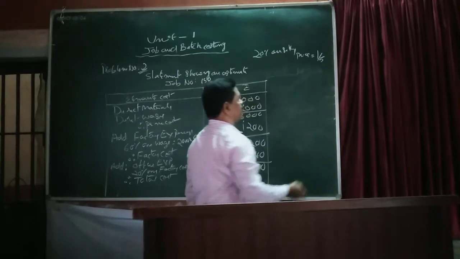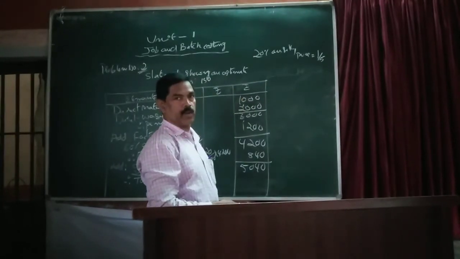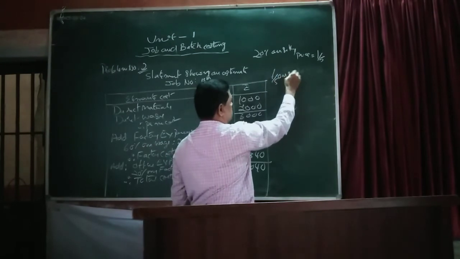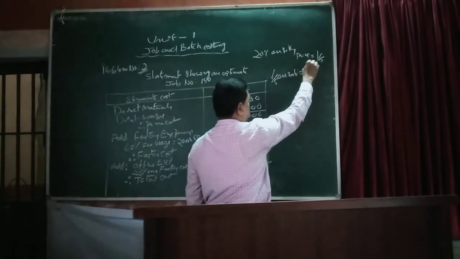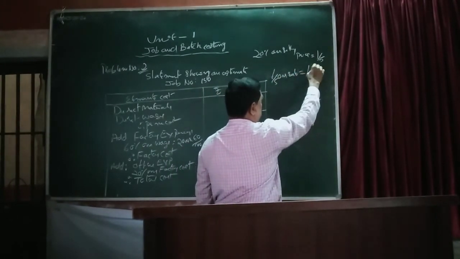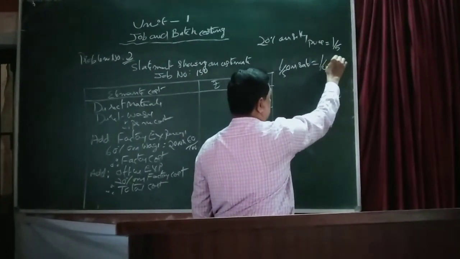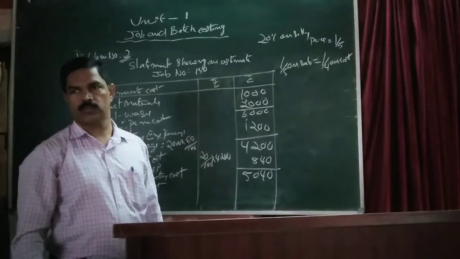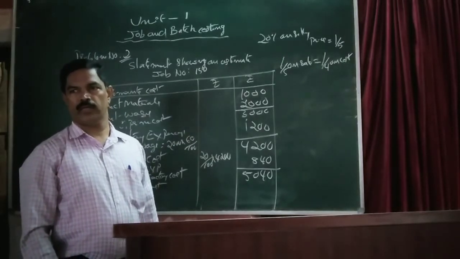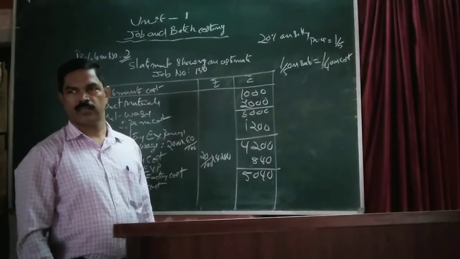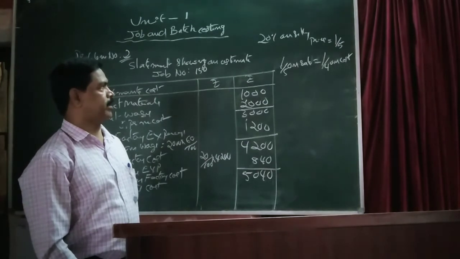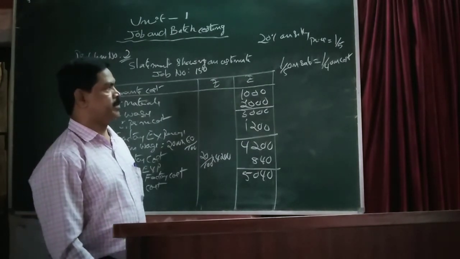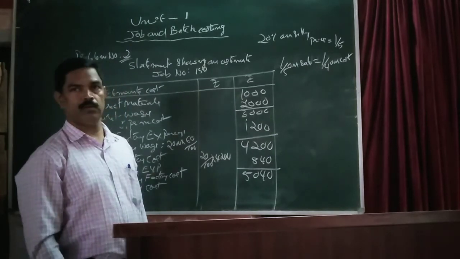Is it right? 1 by 5 on sale price is equal to 1 by 4 on cost. That we have calculated in the last year. You know how it is calculated. 20% on sale is equal to 1/5 on sale, and 1/5 on sale is equal to 1/4 on cost.